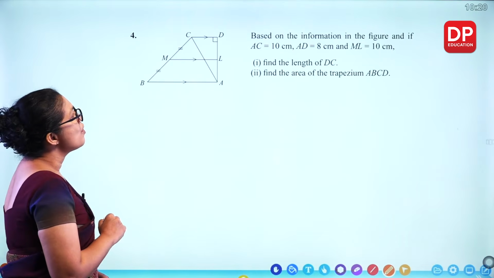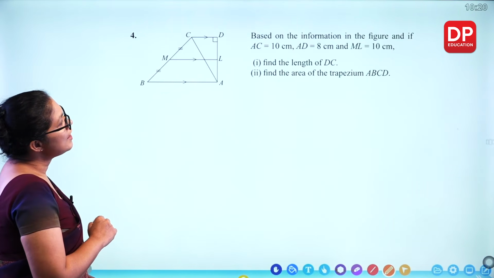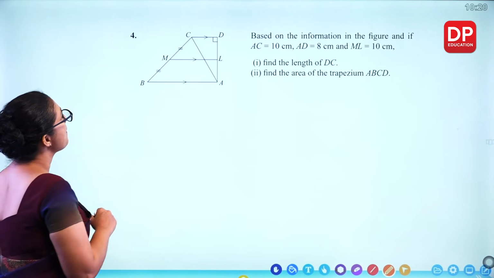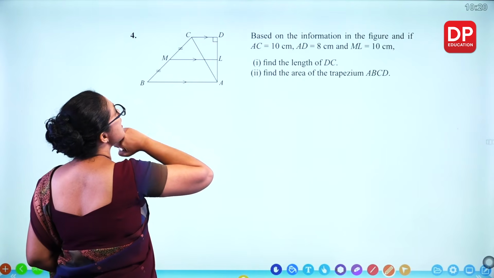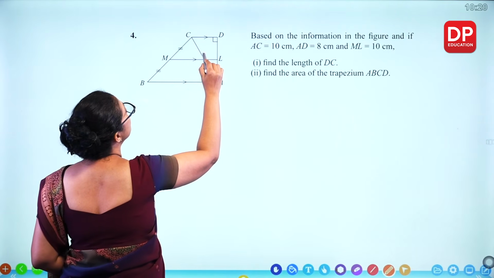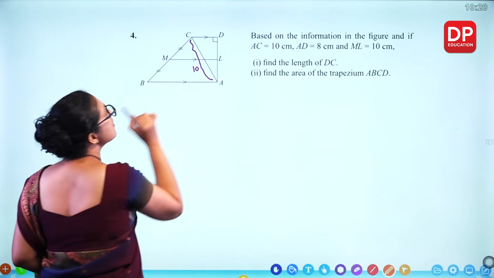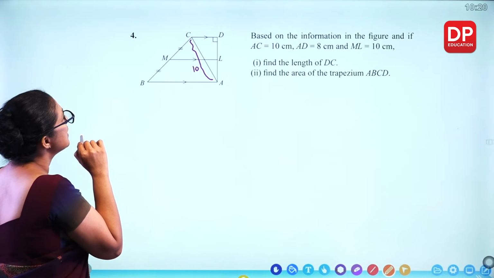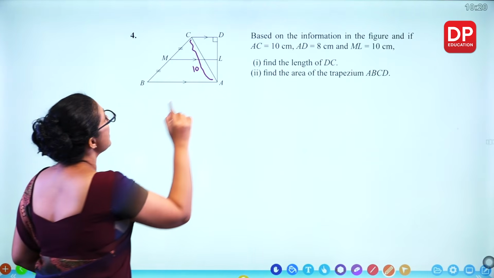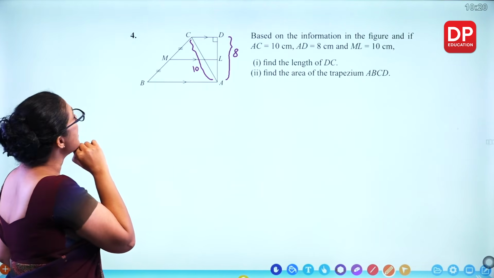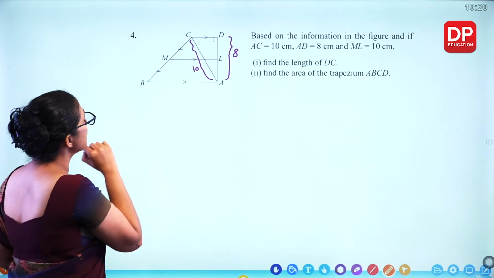Question number 4. Based on the information in the figure, and if AC is 10 centimeters, so this is 10, we'll put this one 10. AD is 8, this length is 8, ML is 10.